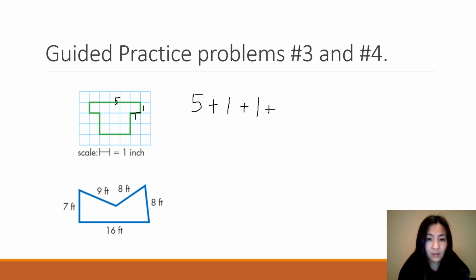And then there's another side that is 2 inches long. See this part right here? It's 2 inches. I'll write it in here. And then along the bottom, 1, 2, 3. 3 inches. Right, all across here, that's 3.